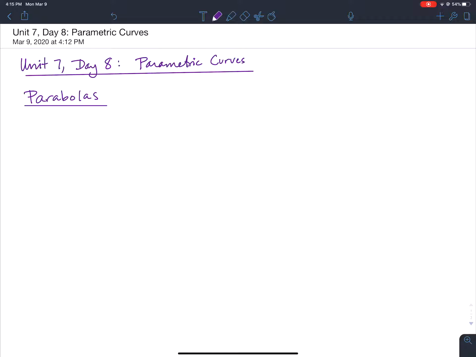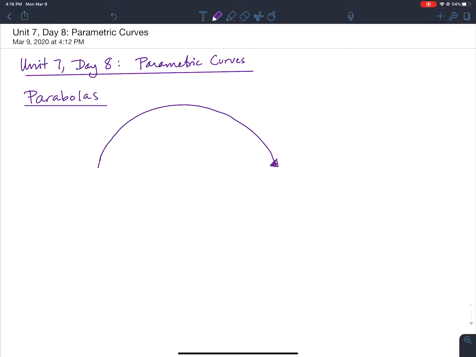So for parabolas, this is where we are going to be thinking about objects being launched through the sky. So something being thrown in the air, something being shot through the air. But what goes up must come down.